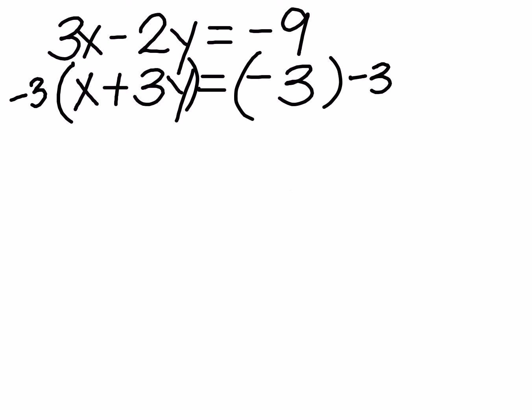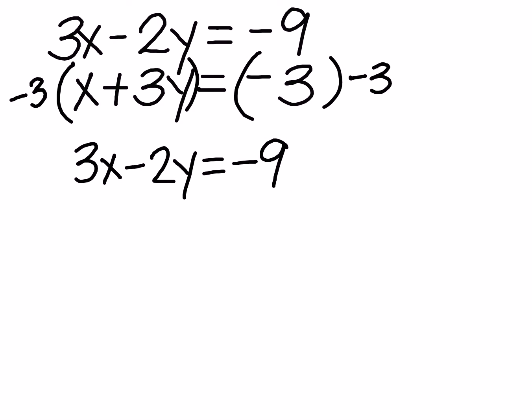In order to make the x's eliminate, I need to say 3x minus 3x. Now let's rewrite. We have 3x minus 2y equal negative 9.